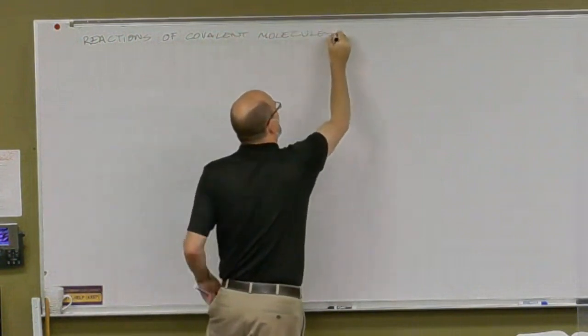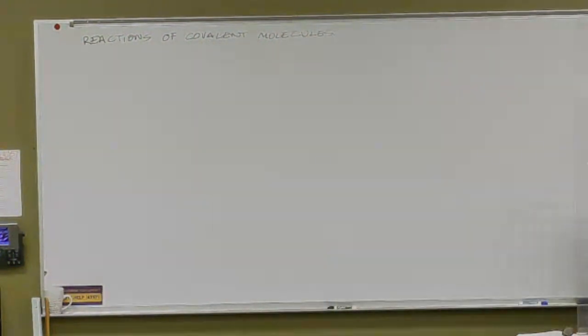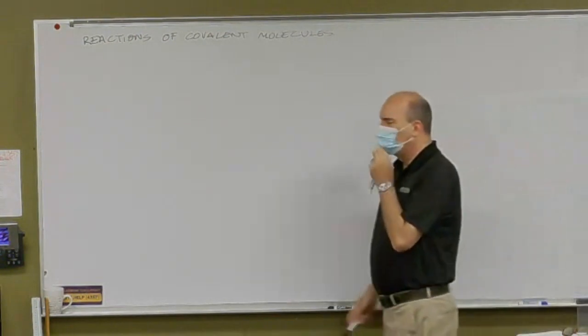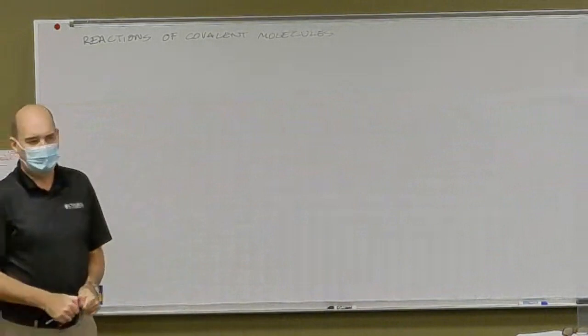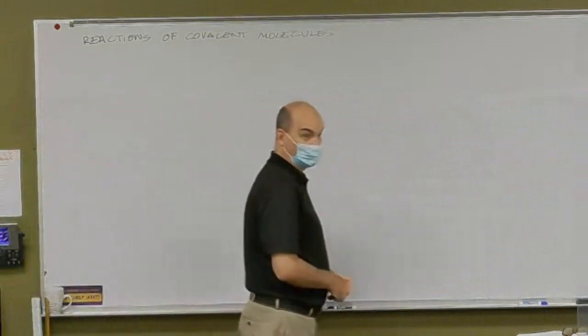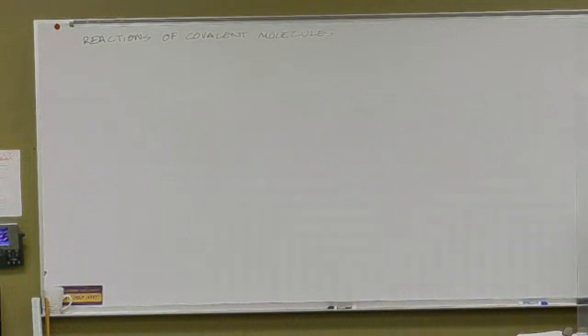If we think about reactions that are covalent, not ionic, the deepest that we looked at chemical reactions previously was acids and bases, where we were in the ionic world.